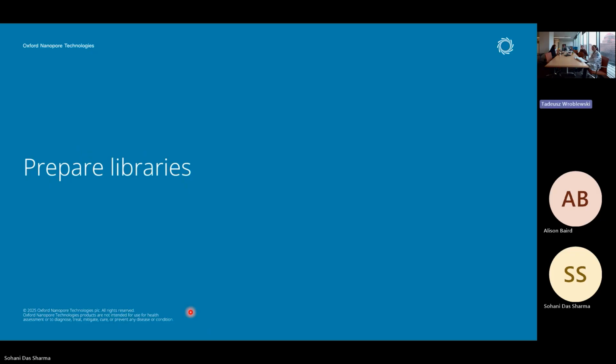Yeah, so here you have the P2 Solo, and that is a perfect platform for doing any type of RNA sequencing. Now, I'll talk a little bit about RNA sequencing libraries.